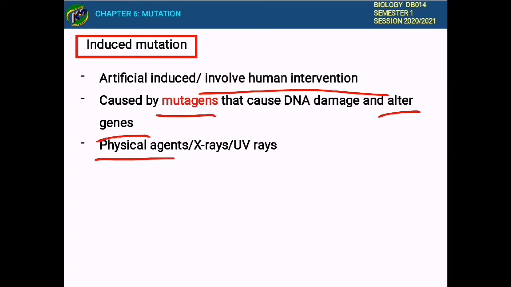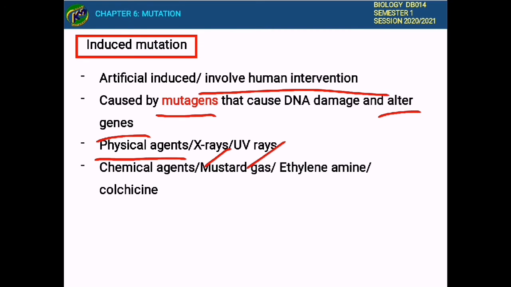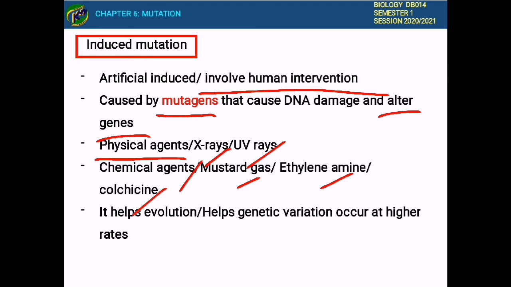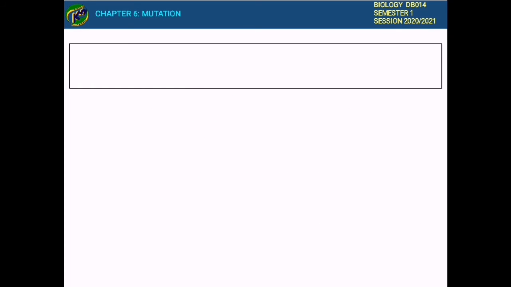It involves physical agents, for example X-rays and UV rays. It also involves chemical agents, for example mustard gas, ethylene amine, and also colchicine. Induced mutation also helps evolution, and it also helps genetic variation at higher rates.